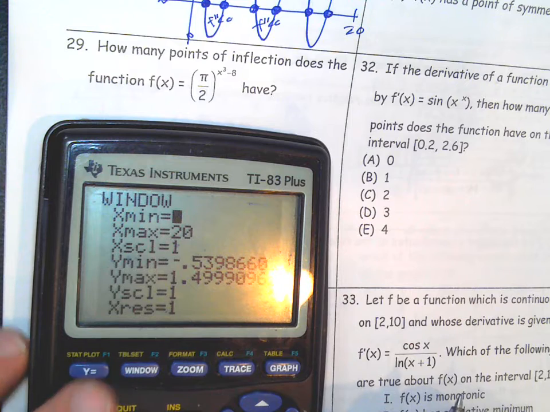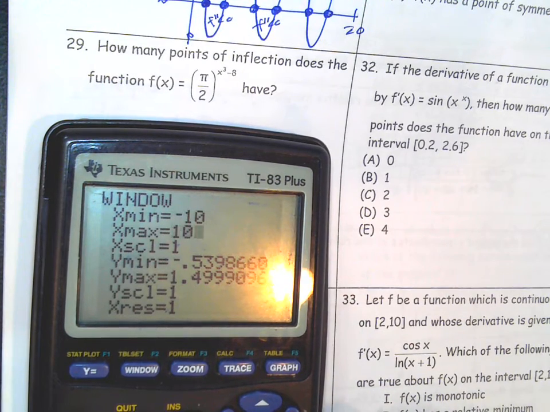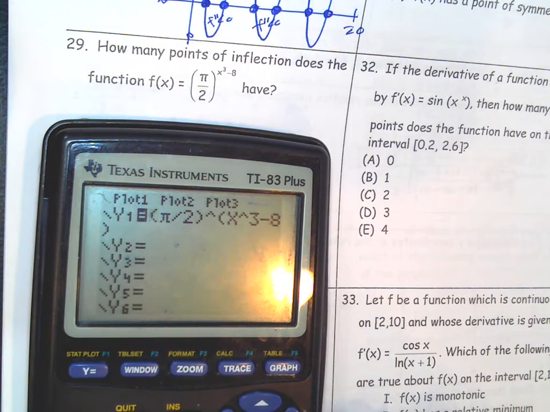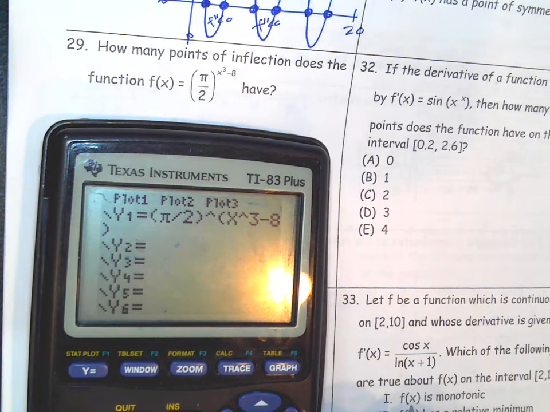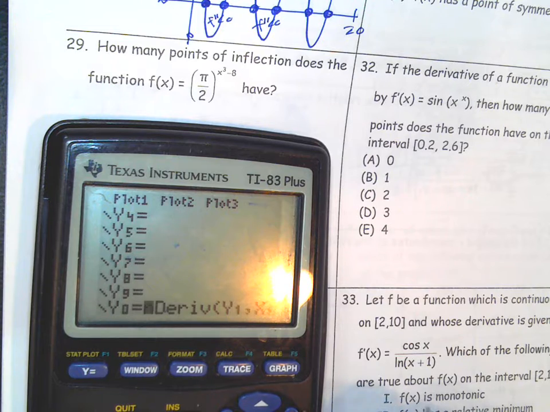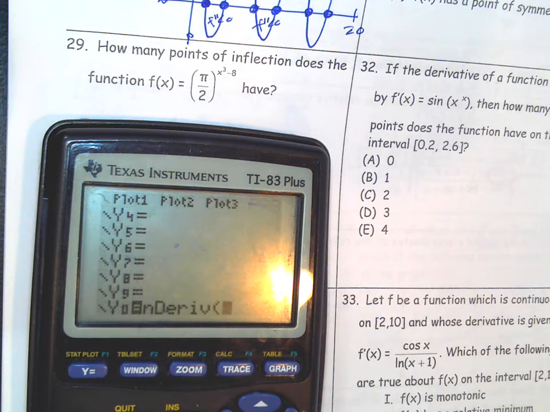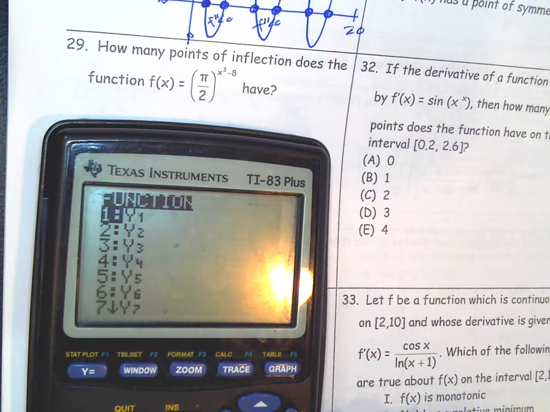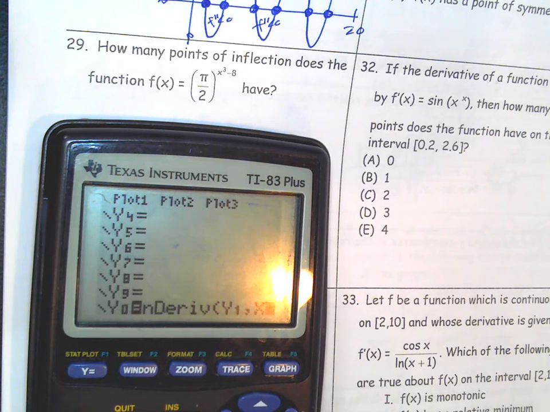And then maybe we say negative 10 to 10 and negative 10 to 10. Then we go to y equals, and we're going to turn that one off. I want to graph its derivative. You go math 8, then vars, y vars, function, y1, comma x, comma x.